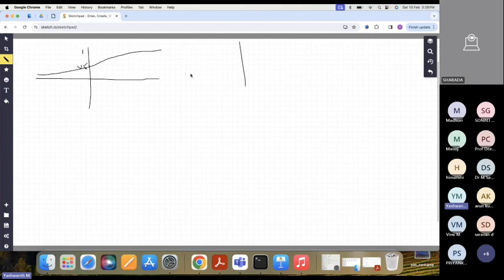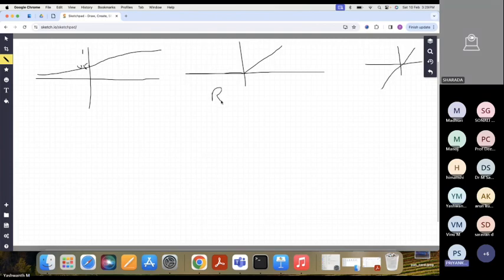And there is ReLU, and there is a linear function. So this is linear, this is ReLU, and this is sigmoid.